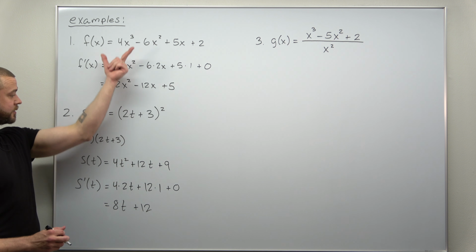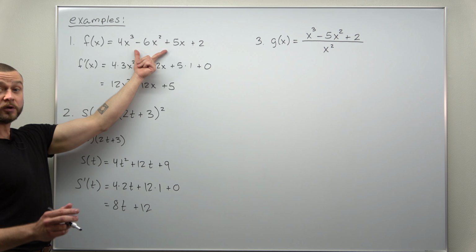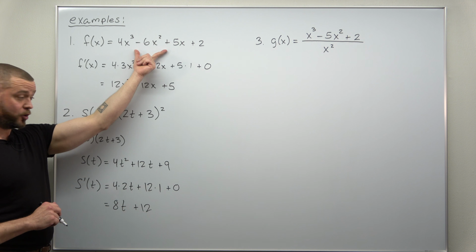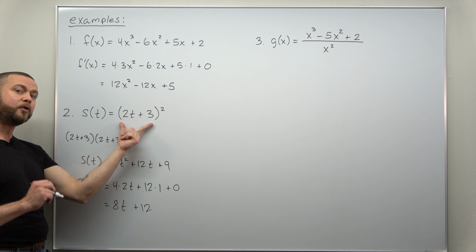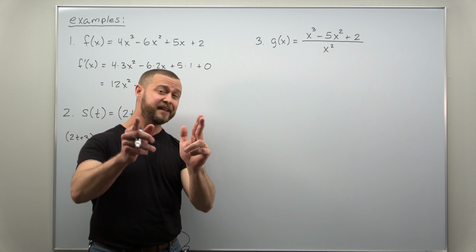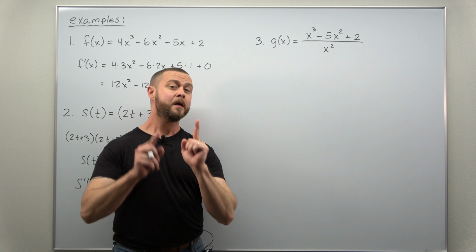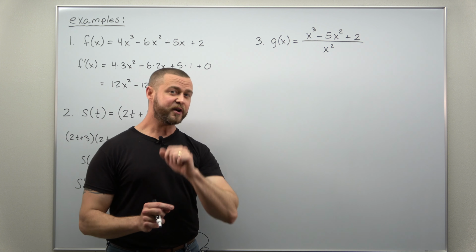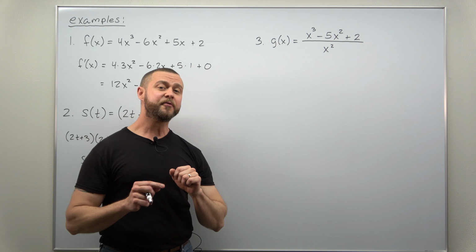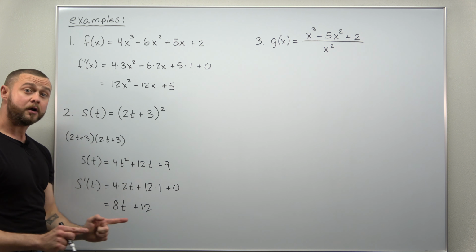All right, now so far, these two examples were polynomials. The first one was obviously written as a polynomial, and here we had a polynomial in factored form. Your third example technically is not a polynomial because we're dividing, but if we rewrite this, we can differentiate it exactly the same way like we would differentiate here.